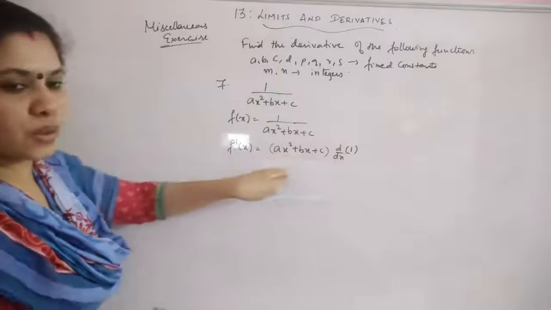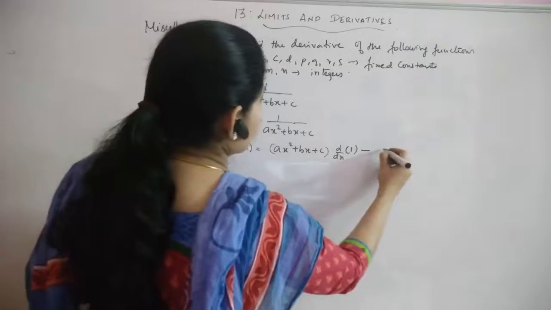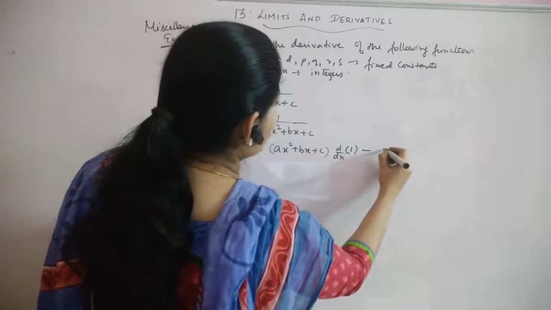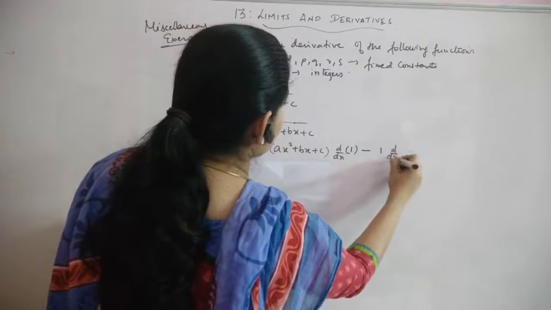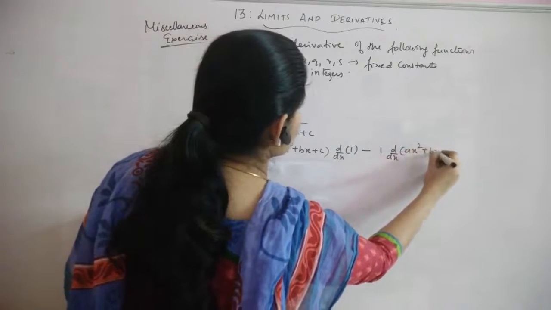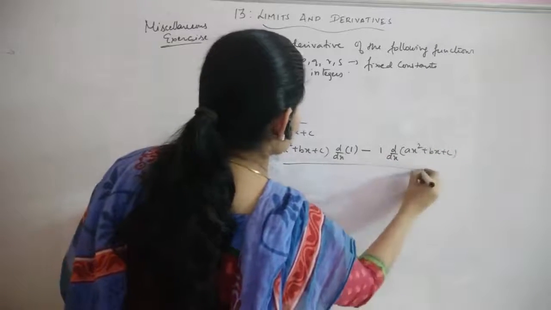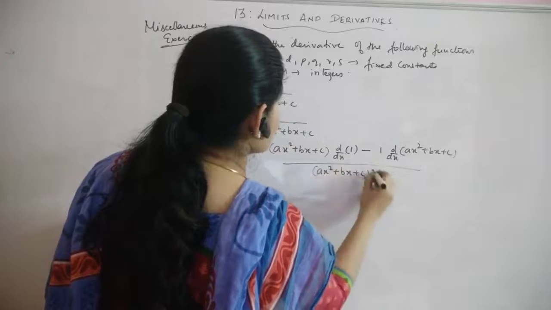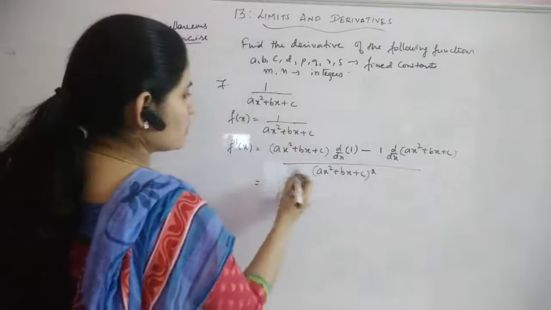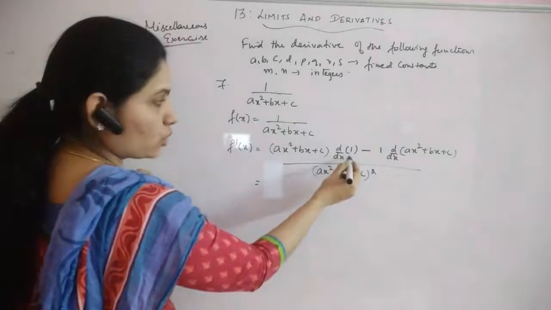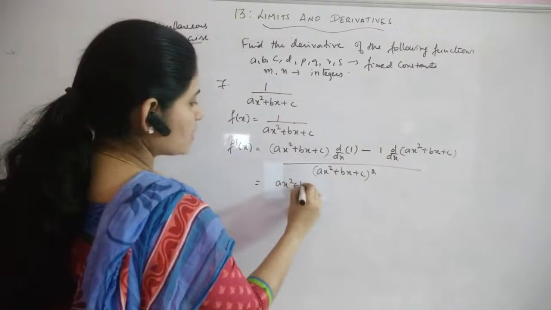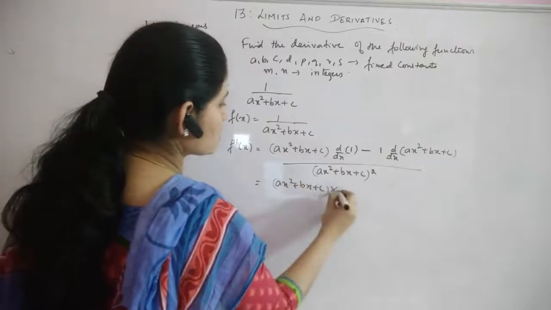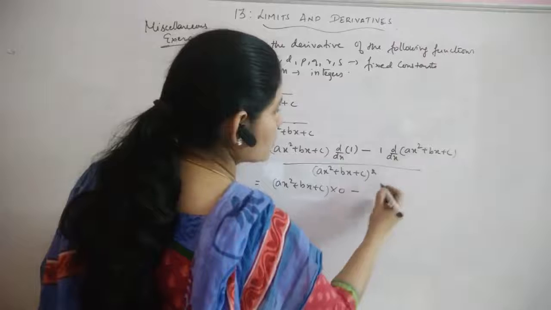That means this term will go, minus 1 into derivative of ax square plus bx plus c whole divided by ax square plus bx plus c the whole square, which is equal to ax square plus bx plus c into 0 minus 1 into this derivative of this term.